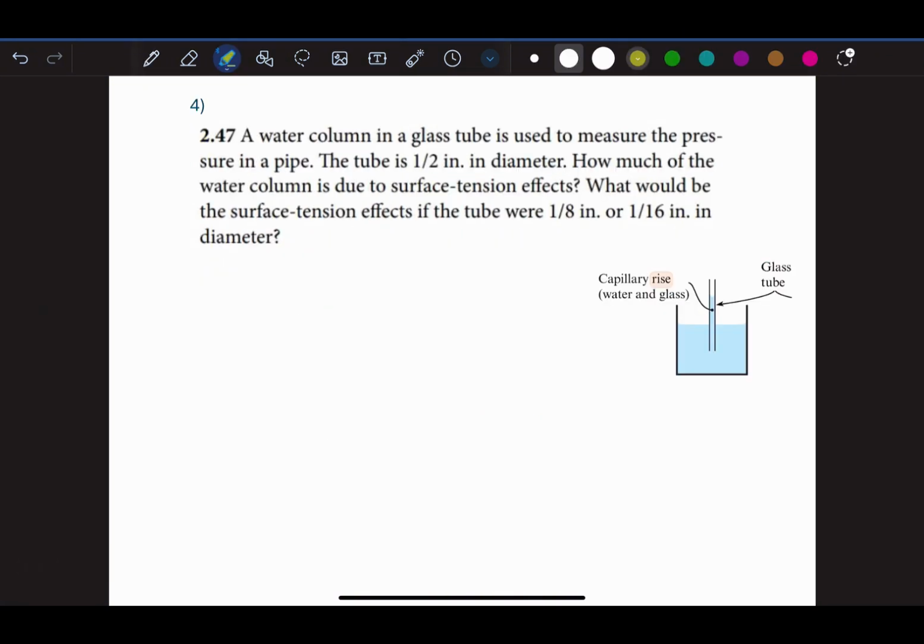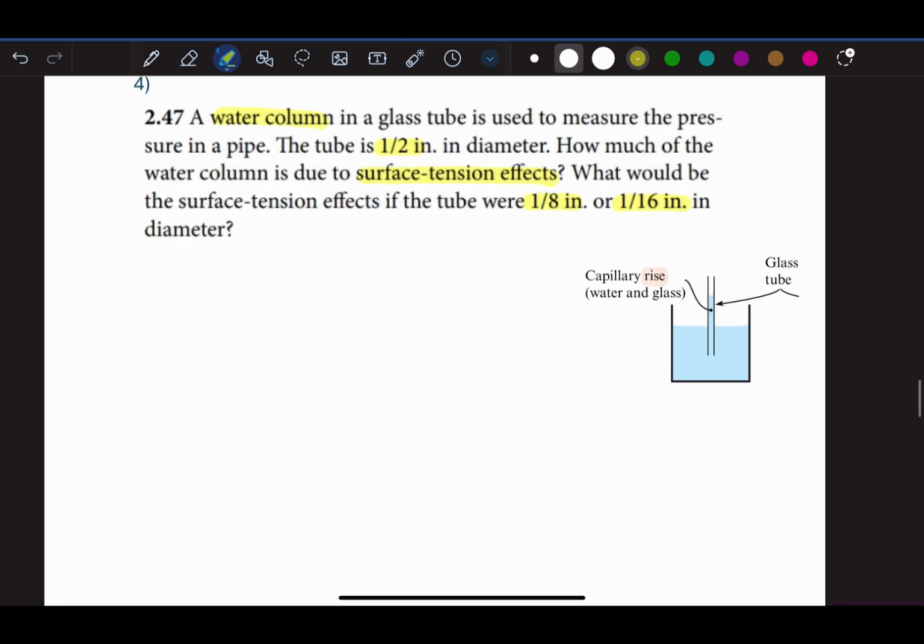Question 4 is 2.47. A water column in a glass tube is used to measure the pressure in a pipe. The tube is 1.5 inch diameter, and how much of the water column is due to surface tension effects? And what would be the surface tension effect if the tube were 1/8 or 1/16 inch diameters?